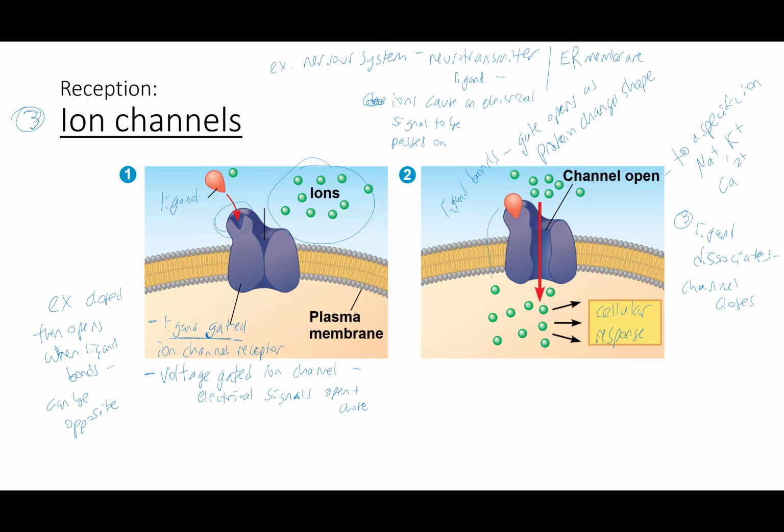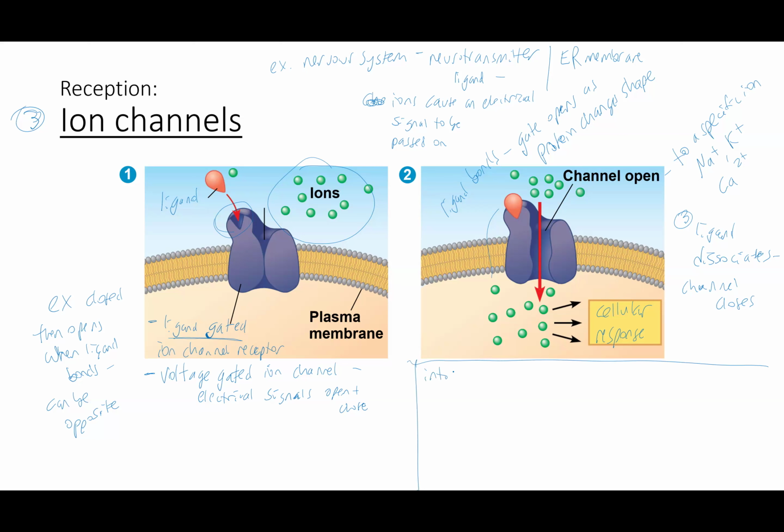So those are three kinds of transmembrane protein receptors: GPCR, RTK, and ligand gated ion channel protein receptors. Okay? That's all talking about messages coming from outside the cell and going inside the cell and causing a reaction. You can also, and we don't have a slide for this, so we're going to draw a little line.